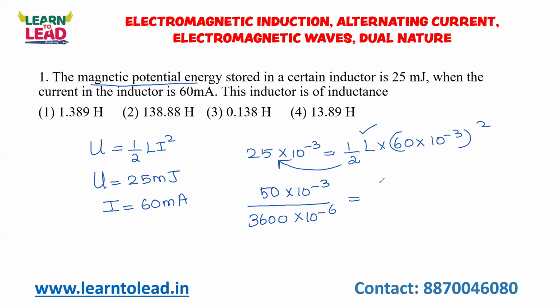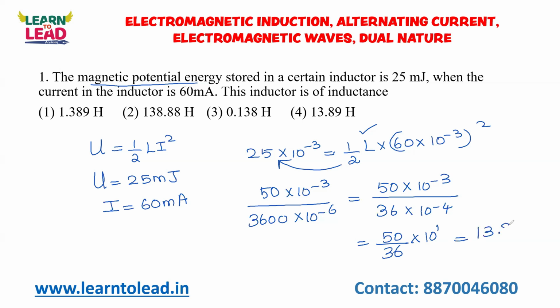Now 50 into 10 to the power minus 3 divided by 3600, you can write as 36 into 10 to the power minus 4. Now 50 by 36 into 10 to the power 1, you get 13.89 Henry.